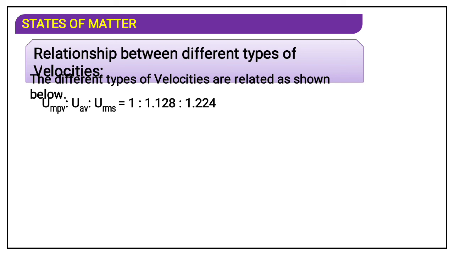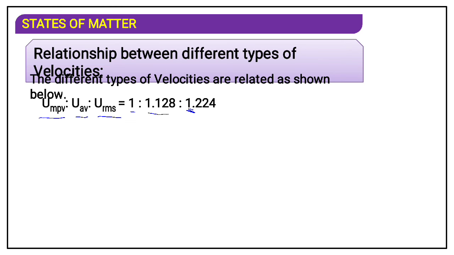When you relate them, this is the expression you will get: u most probable velocity to u average velocity to u RMS velocity is equal to 1 is to 1.128 is to 1.224.